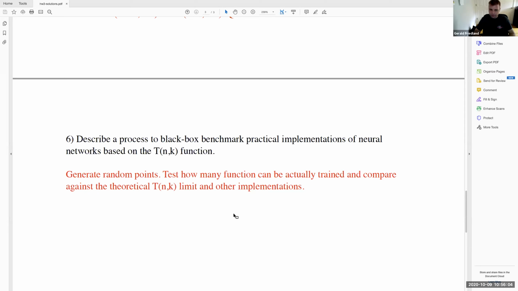And the way you do that is you generate random points and you assign random labels. Either you assign the labels systematically, then you would go from 0 to n, but there are of course 2 to the power of n labelings. I mean, that would work. But if you can't do that, one thing to do is to statistically sample enough to hope to get to a sampled number.